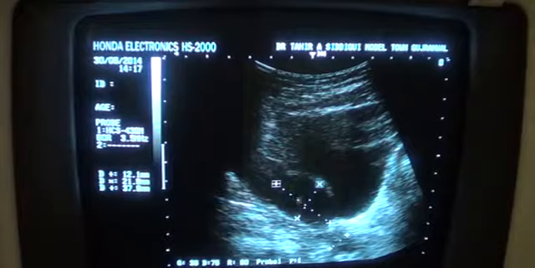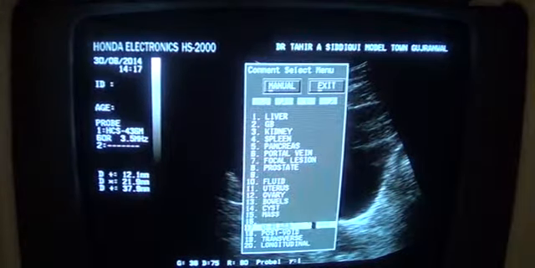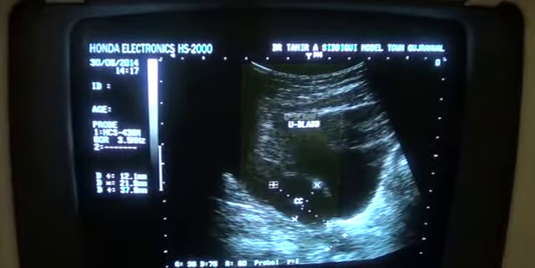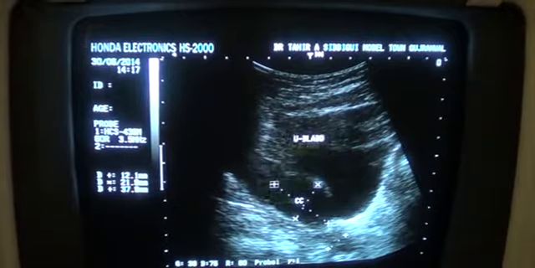So I will label it as C. C means cystocele. This is the urinary bladder.